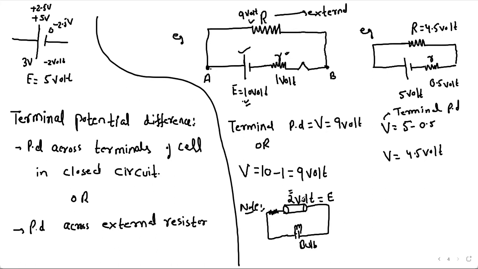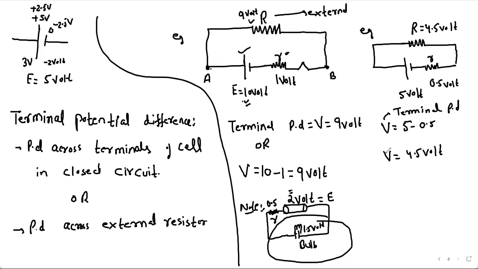So the total EMF, the cell that you bought from the market, it's written that it's 2 volt, but this 2 volt is not available for the external bulb. Out of this 2 volts, some voltage gets wasted across its internal resistance, and the remaining will be available for the bulb. So this available potential difference is known as terminal potential difference. That's the real life meaning of it. I'm repeating it again. If you take a cell of 2 volt, then that 2 volt is the EMF.